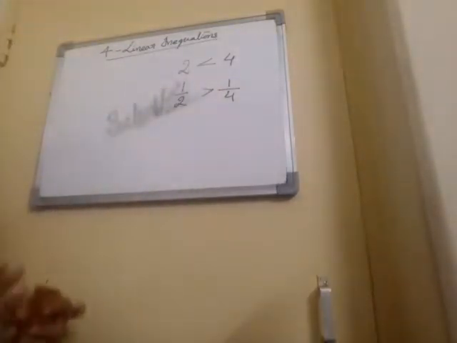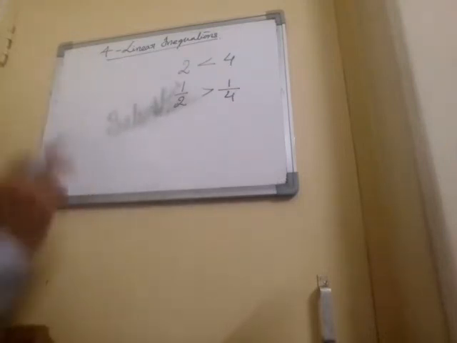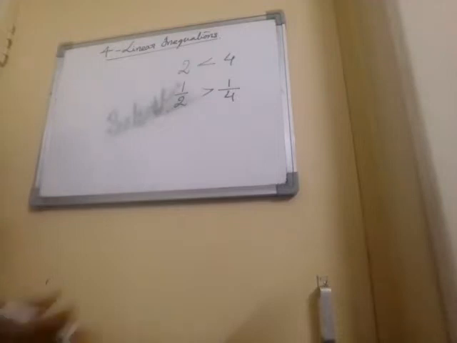So there are two things. First, when you multiply with a negative quantity on both sides of an inequation, the inequality is getting reversed. Also, if you take the reciprocal, the inequation is getting reversed. The rest of all properties in equation and inequation are the same. Only these two special cases we have to remember. I am writing those two properties once again.